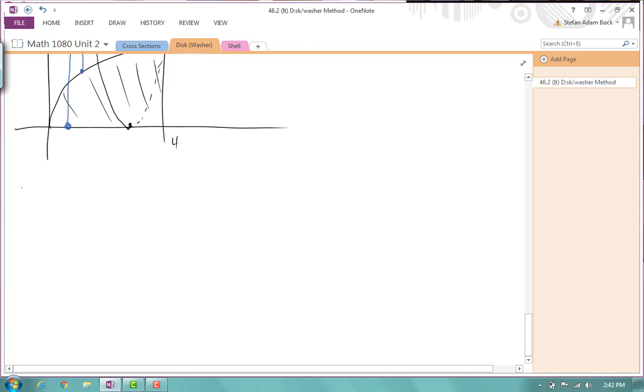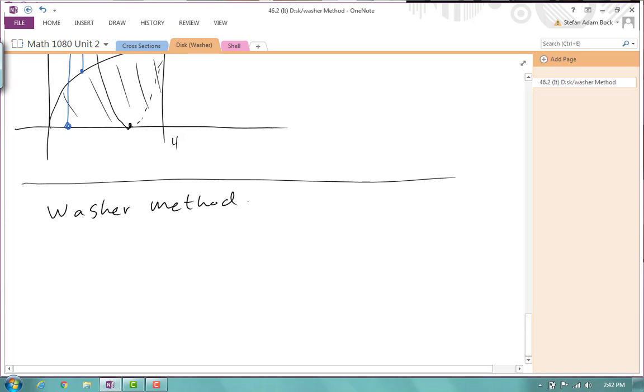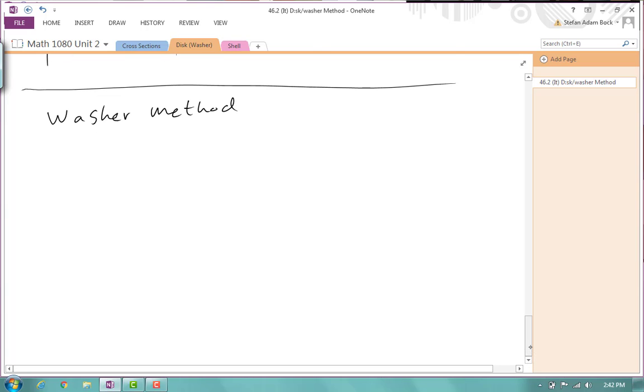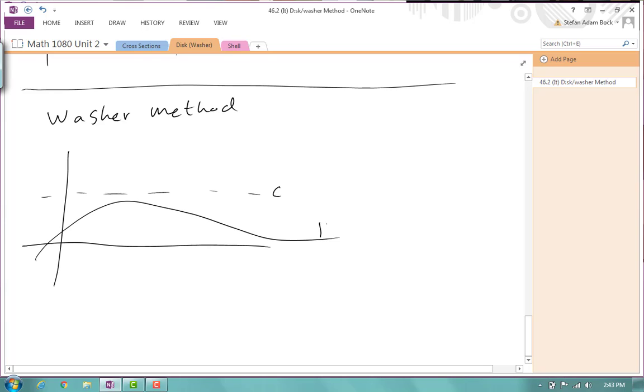So this lets me write a slightly more general formula, which is the washer method. Let's say I have an axis of revolution, which is c. I've got one function, f of x. I have another function, g of x.